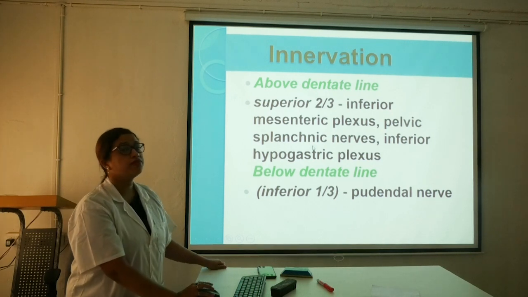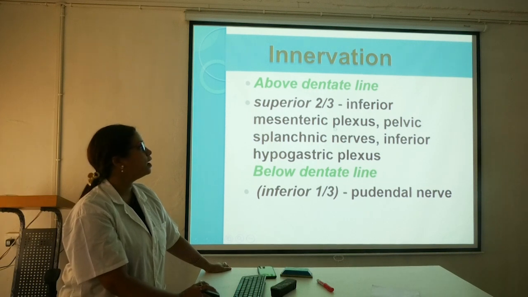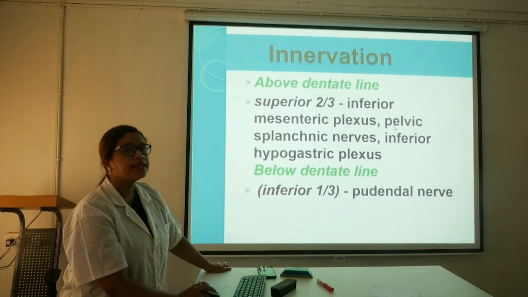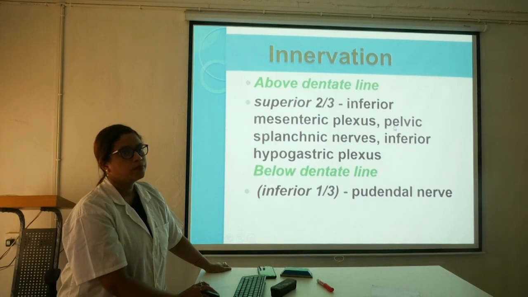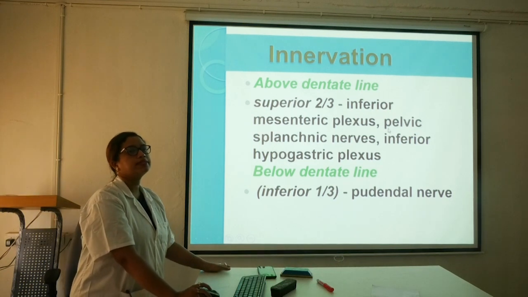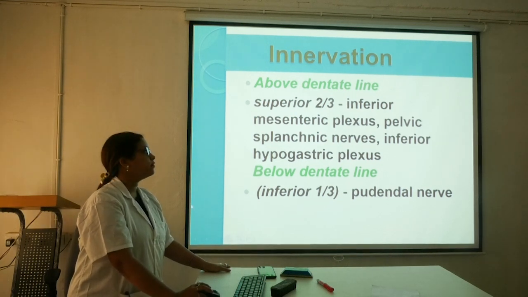Splanchnic means nothing but the viscera. So these are the nerves that will supply the pelvic viscera. What are the pelvic viscera then? For next we will study the pelvic viscera, just like the uterus, the prostate, and this anal canal. So these are the pelvic viscera.